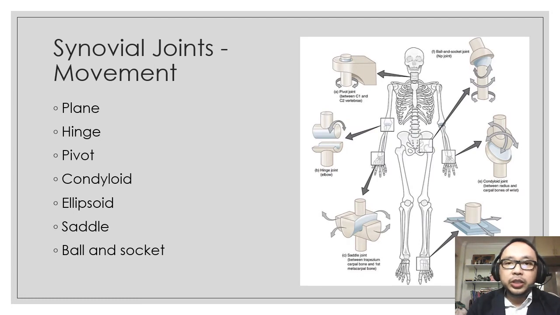For synovial joints, we have different types in terms of movement. You have your plane, hinge, condyloid, ellipsoid, saddle, and ball and socket.